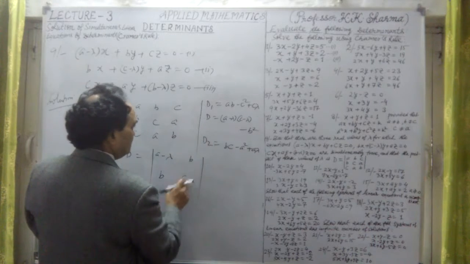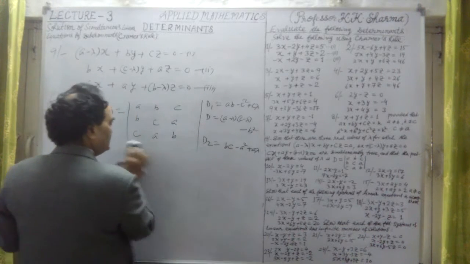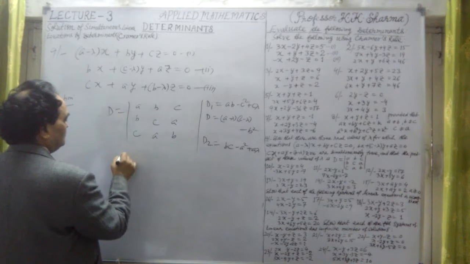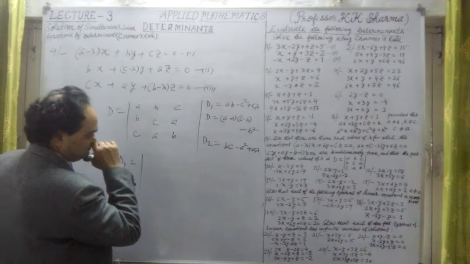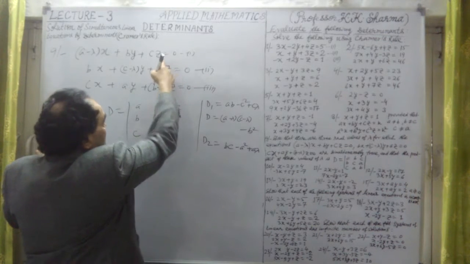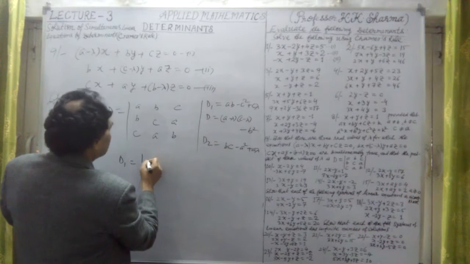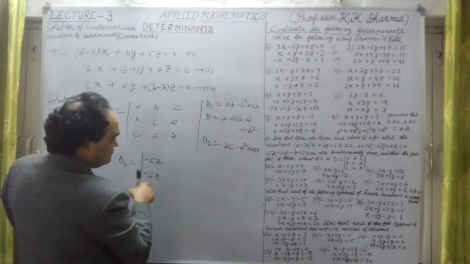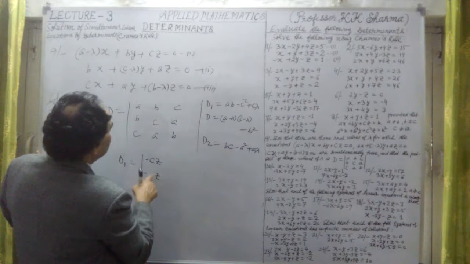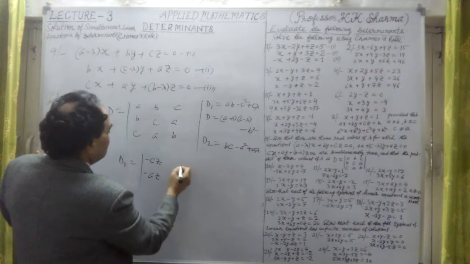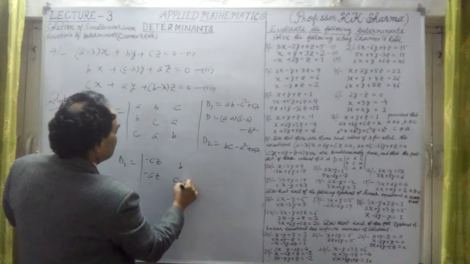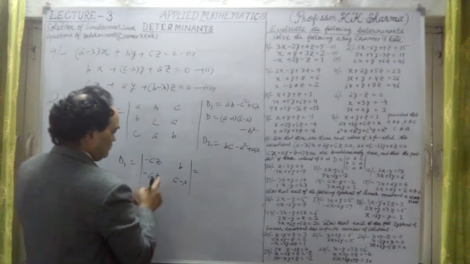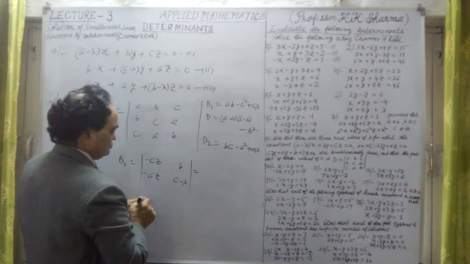Because this is A minus lambda into C minus lambda minus B square. D is okay, but D1 is not that value. So D1 will be, let me write this, minus CZ from the first equation, and minus AZ. This is the value; in the coefficient of x, we have taken these two values, and the B and C minus lambda. This is the value of D1. I'm sorry, I just missed Z.